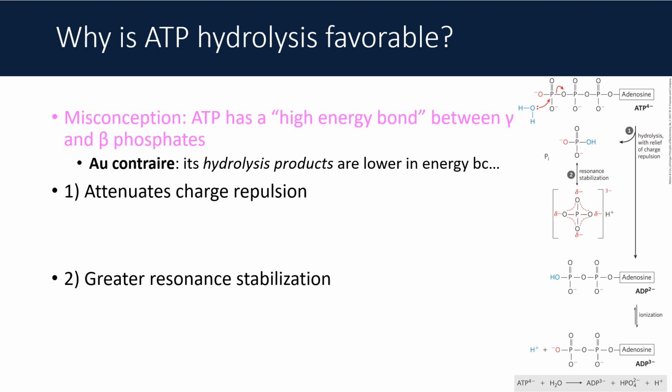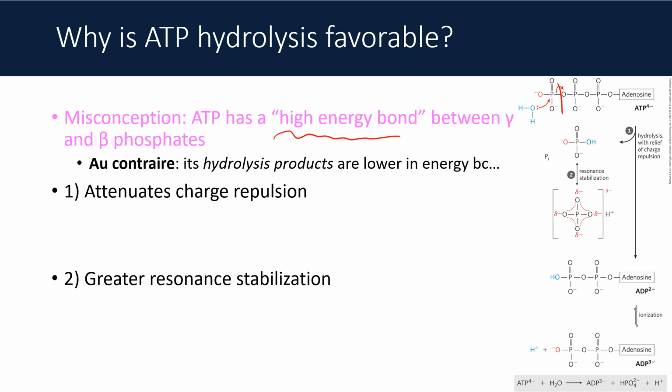I've heard that there's this high energy bonds between the gamma and beta phosphates, and you release that energy in that taut rubber band bond upon breaking it with a hydrolysis reaction. And that's a gross oversimplification of what's going on.